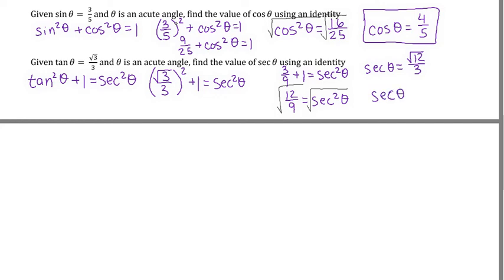We can simplify that radical and get that secant theta equals 2 square root 3 divided by 3. So we have cofunction identities, reciprocal identities, and now our Pythagorean identities that we've got to keep all straight in our head. And that is it for this video.